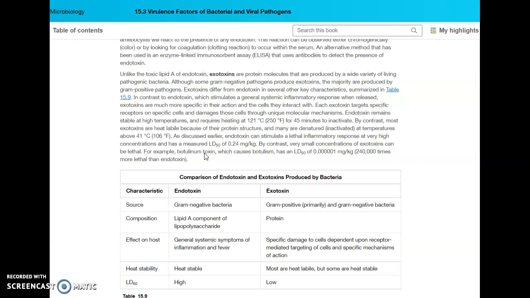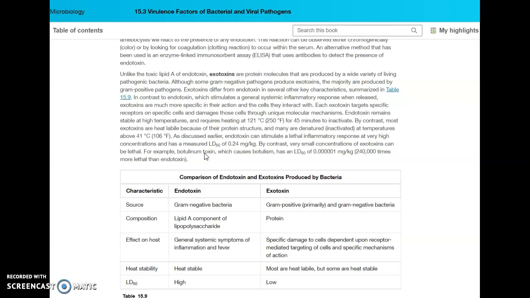Endotoxin remains stable at high temperatures and requires a lot of heat for a long time. But the exotoxins, since they are proteins and not lipids, can be denatured at a little bit lower temperatures.